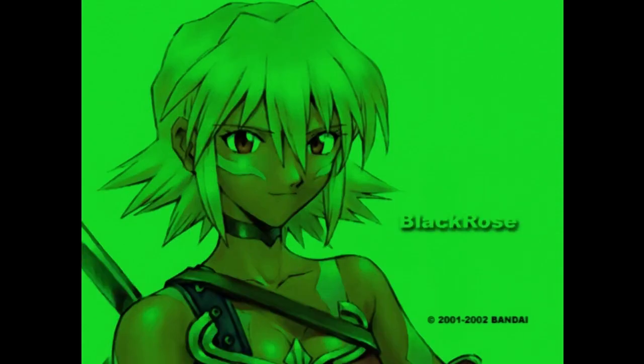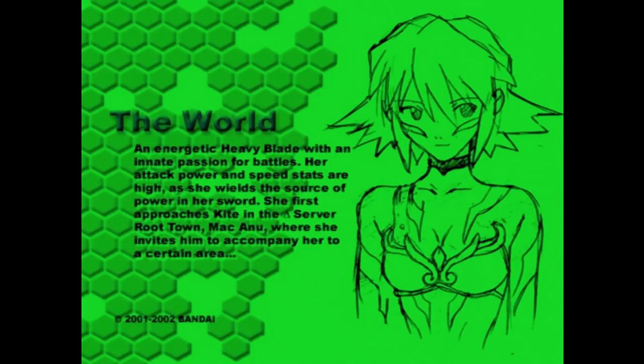Then we have Black Rose up next. So we get some character art. So fans of .hack//Sign will notice that her character is modeled after Mimiru. Part of this is because, unless you are some kind of pro hacker like Helba, you kind of have characters that look very similar.